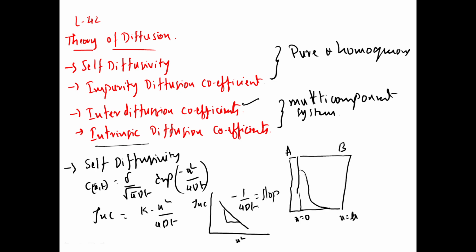From this we know the time of annealing, how much time we have used for annealing. So we know the slope from this experiment, and we will be able to determine the D value. I will take that question one more time in this problem solving session. That will be helpful for understanding and correlating the importance of self diffusivity.